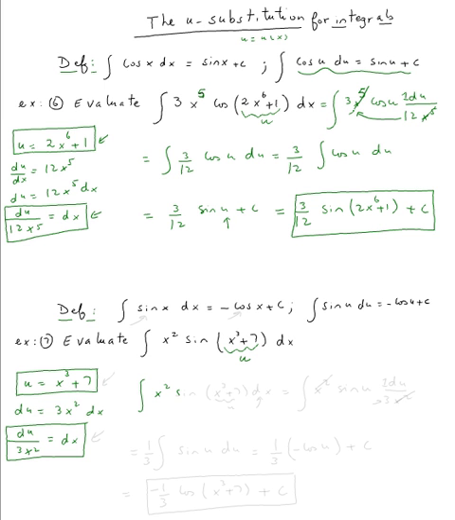The integral of x squared sine of x cubed plus 7 dx is equal to the integral of x squared sine, remember this is my u, so it's sine of u, and the dx is right here, du over 3x squared.